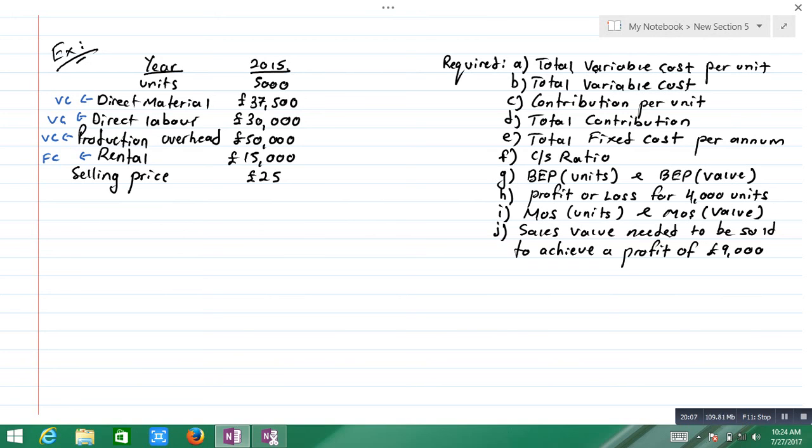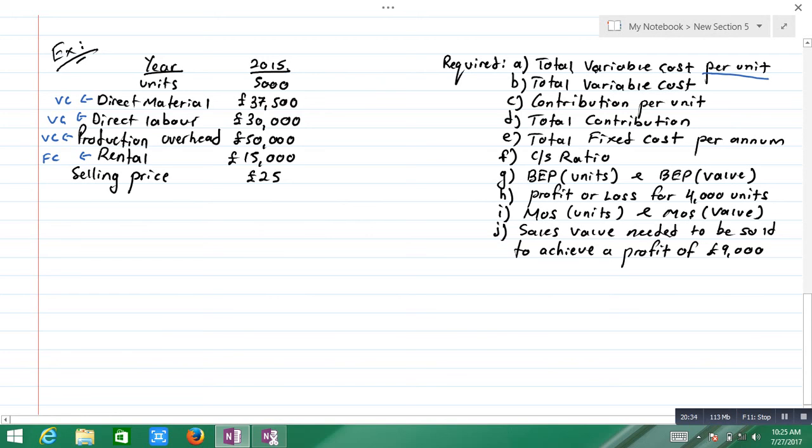That means in total, but they want it per unit. This is not per unit, this is in total value. So we need to get it for per unit. That means for 1 unit, how much is the cost. They already gave you the units here, so we need to divide it by the units.